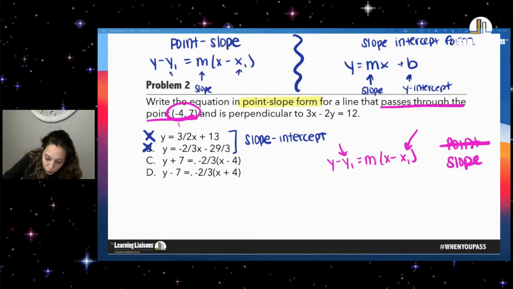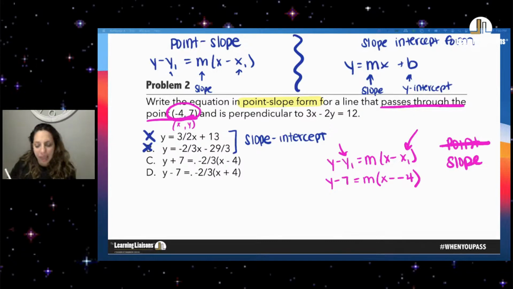Remember, your x comes first and then your y, because in the alphabet, x comes before y. So I'm going to go y minus y1 equals m times x minus x1.